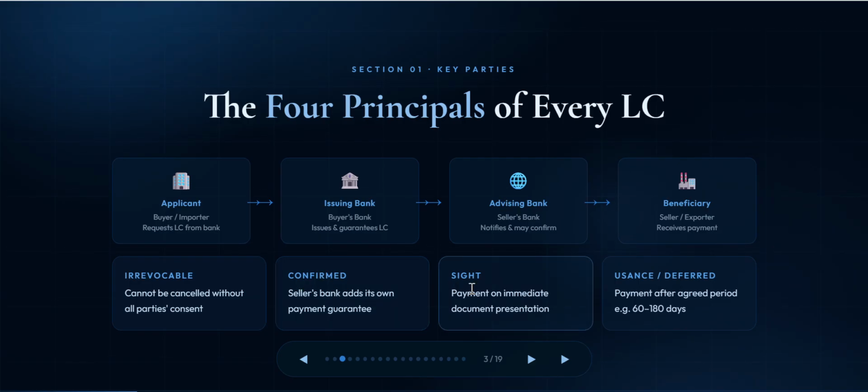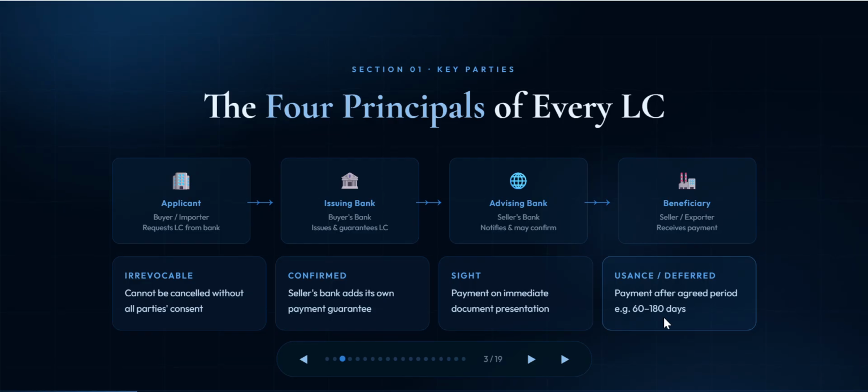When it comes to sight LCs, the payments are on an immediate basis, provided the documents are as per the terms of the credit. Usance and deferred: the difference between usance and deferred is that usance has a draft and deferred may not have a draft.